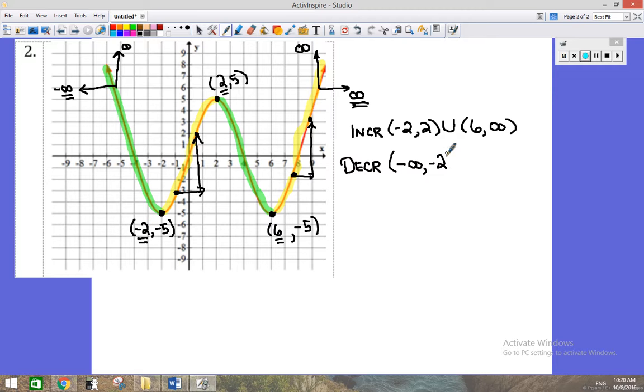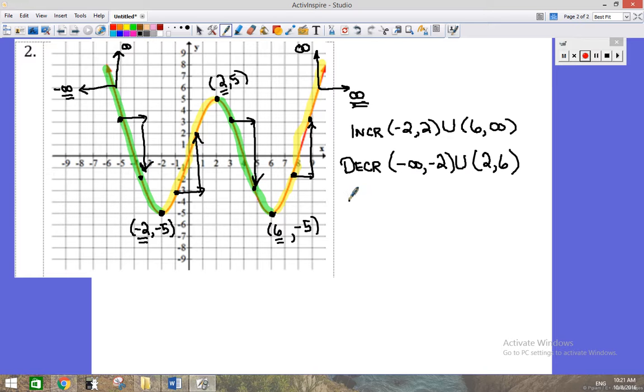Any two points in that interval, as x increases, y is going to be decreasing. Or if we're in the interval from +2 to +6, the same thing happens. Pick any 2 points that are in that region. As x increases, y decreases.